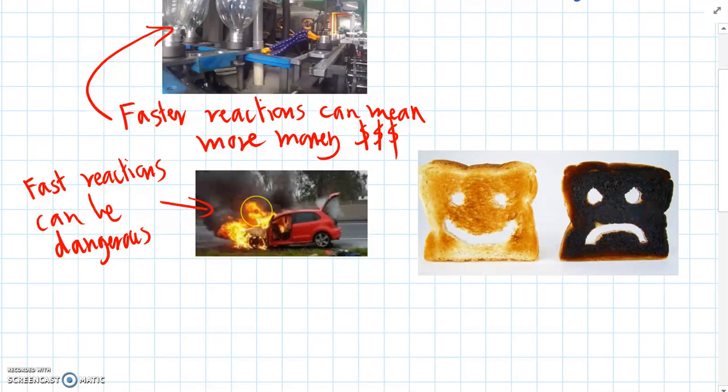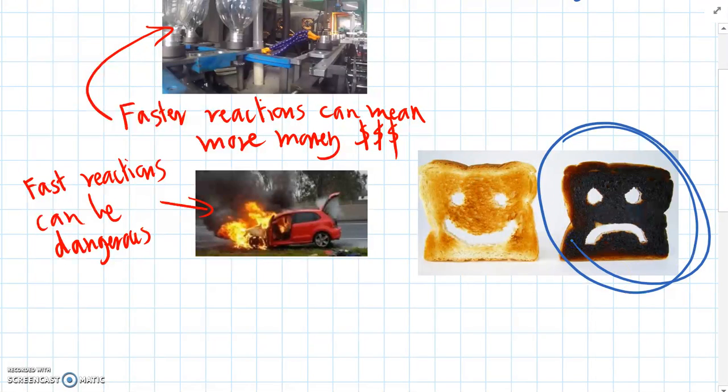We want it to react slowly and only inside the engine. So it's important that cars are designed to make sure that that doesn't happen. And also, when we're cooking our food, we don't want reactions to happen too quickly because we can burn the food and then it tastes terrible and we'll have to waste it.